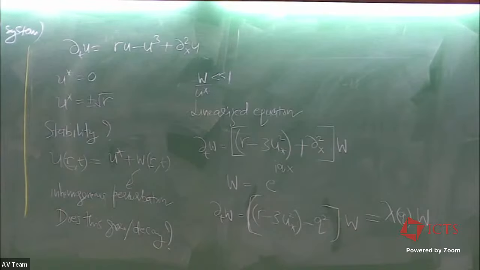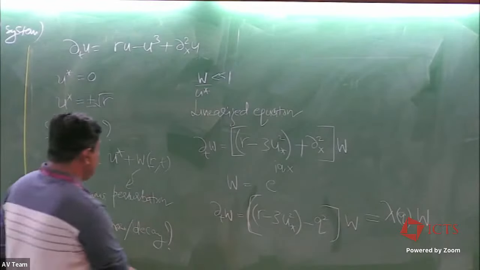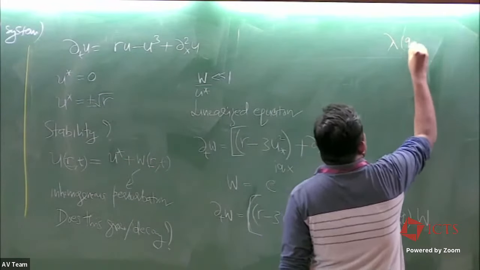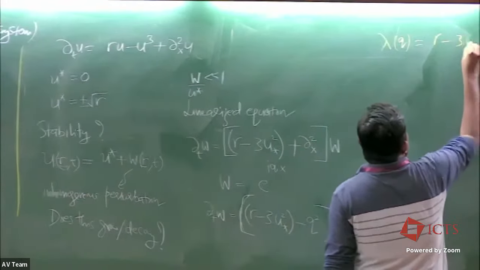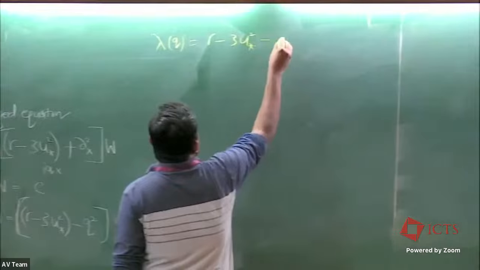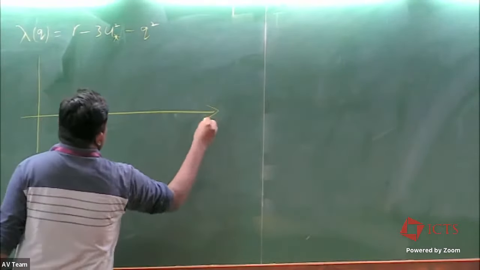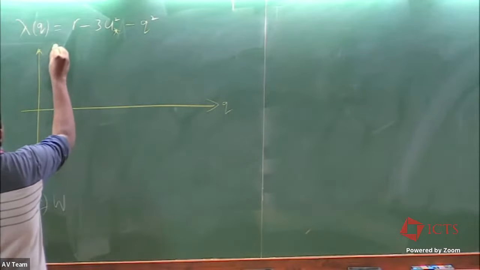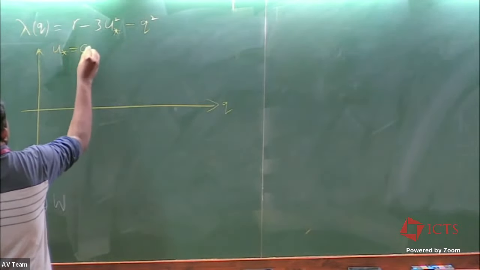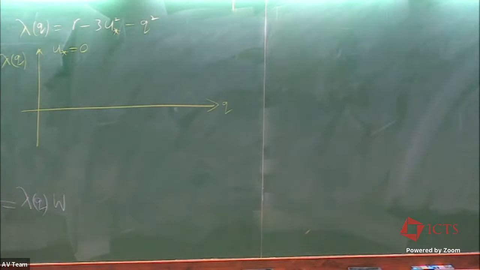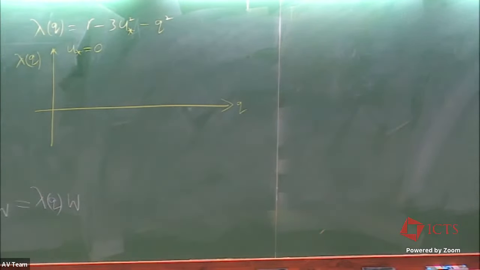So all I'm asking you now is plot for me the function lambda of q. So lambda of q is r minus 3 u star squared minus q squared. So start from the u star equal to 0 state and plot lambda of Q versus Q. So maybe first start with R negative.